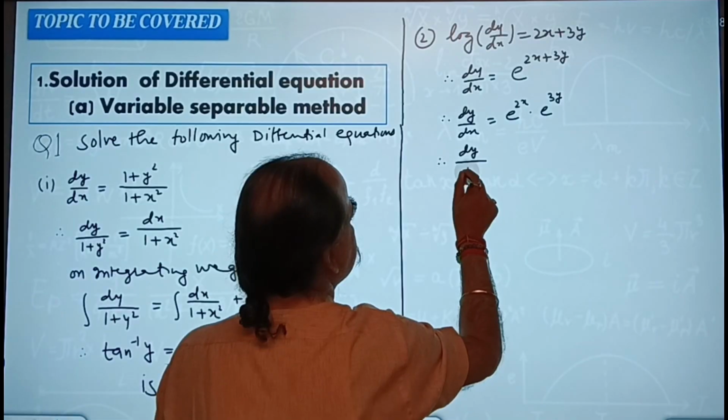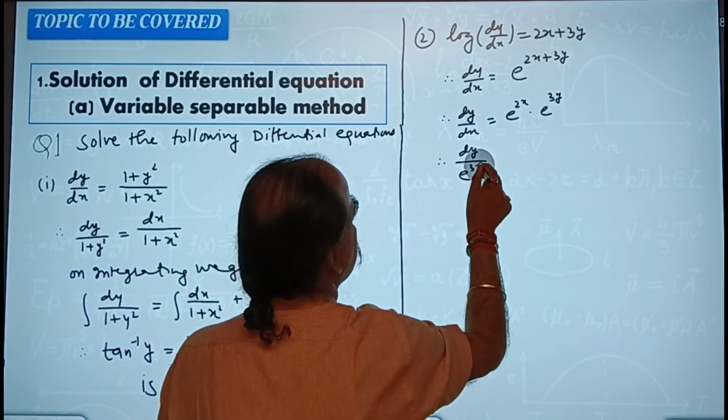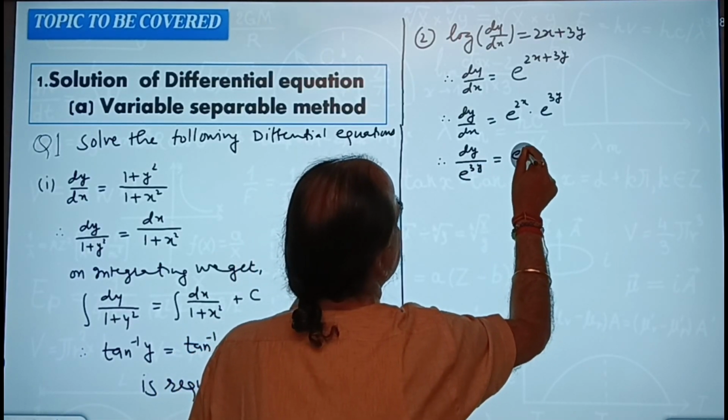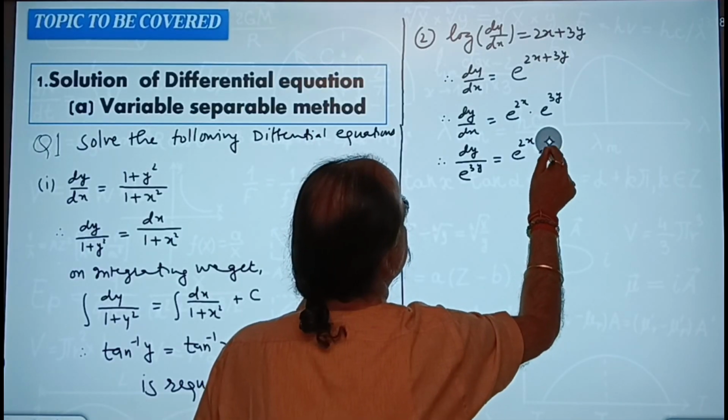So dy upon e raised to 3y is equal to e raised to 2x dx.